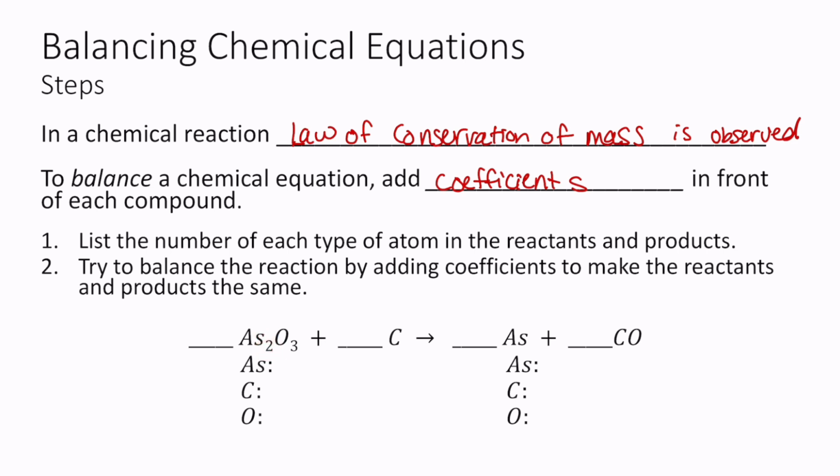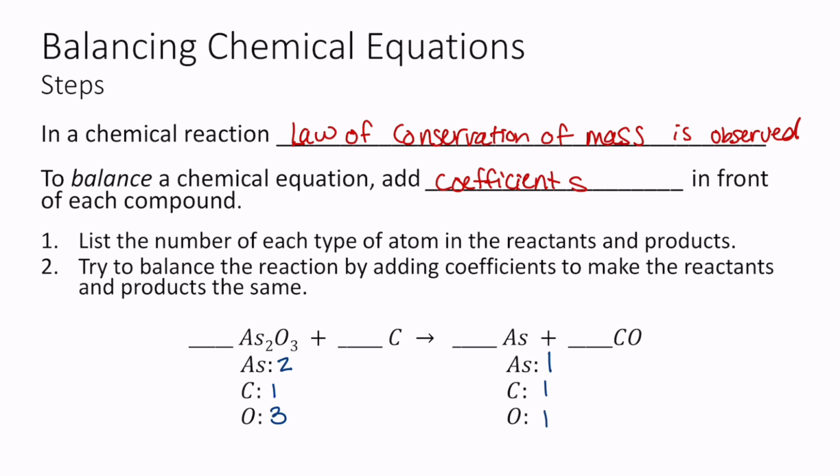So I can write a 2 next to my As. Now for carbon, I only have one carbon, and for oxygen, I have a subscript of 3, so I have 3 oxygens. Now I'm going to do the exact same thing on the other side. I have one A, one carbon, and one oxygen.